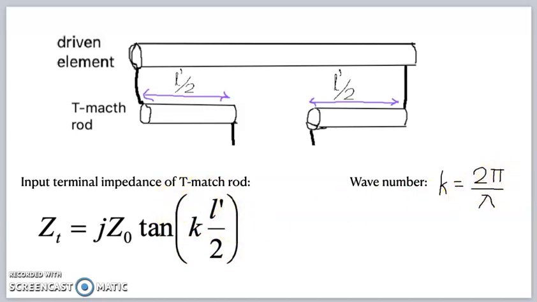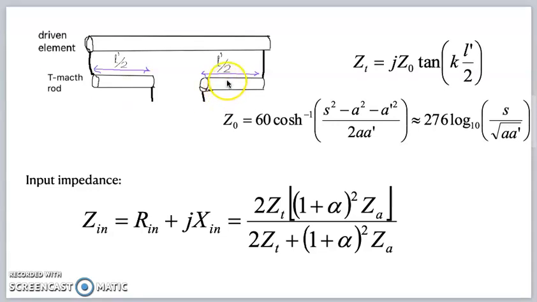Next, now you have two conductors. The two conductors contribute to Z0, and then this matching rod contributes to ZT. The input impedance that we measure from this section we call Zin. Zin is equivalent to Rin plus jXin, which is equal to 2ZT (1 plus alpha) squared ZA over 2ZT plus (1 plus alpha) squared ZA.